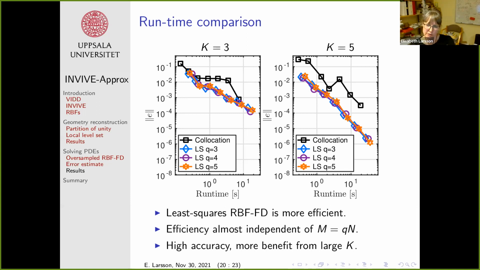And actually, it turns out that the reduction due to increasing the oversampling is going with the same rate as the increase of the cost. So in this case, it doesn't matter what oversampling we take. They are all kind of equal in terms of time to get a certain tolerance. And this was not completely expected, but interesting.